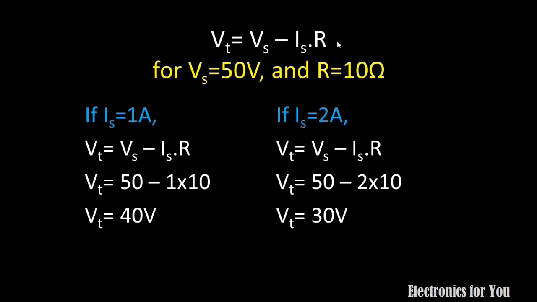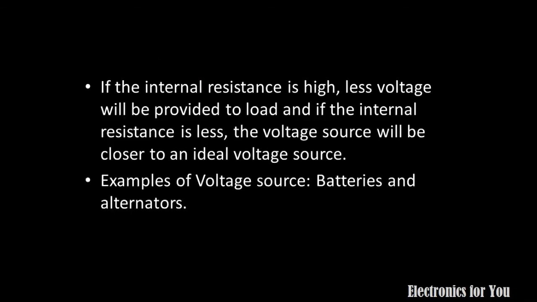Along with Is, if R also increases, then the terminal voltage also falls. It means that for practical voltage sources, this resistance should be very small, so as to bring them close to an ideal voltage source. Examples of ideal voltage sources are battery and alternators.